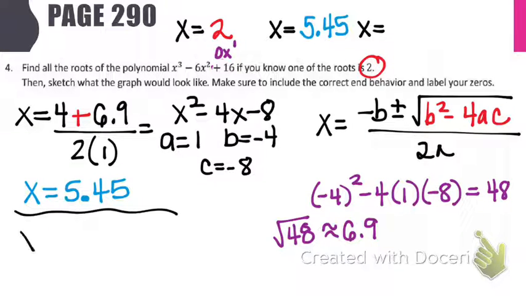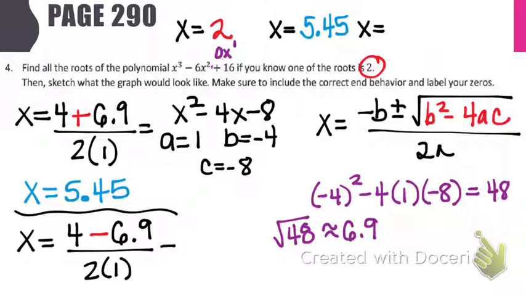And then for my second answer is x equals 4 minus 6.9 divided by 2 times 1. Type that in your calculator.